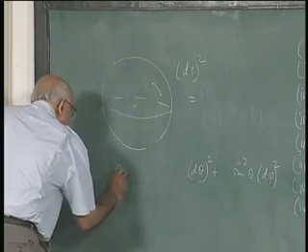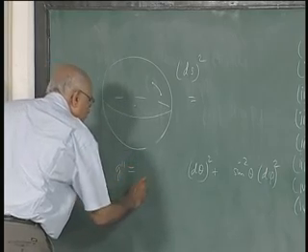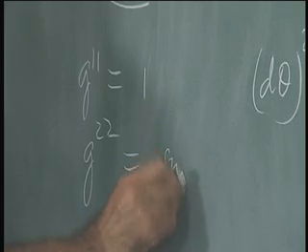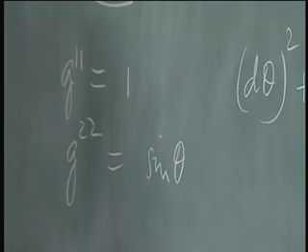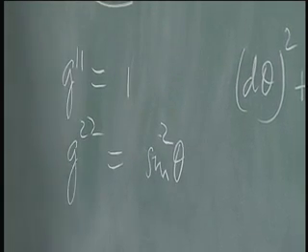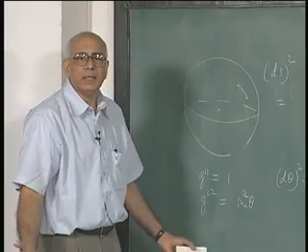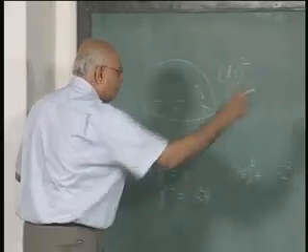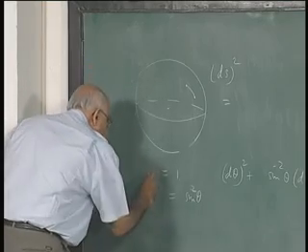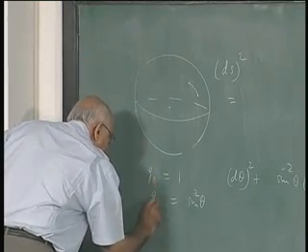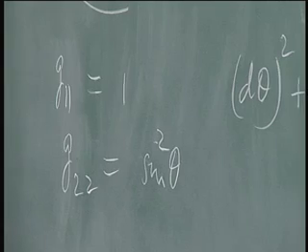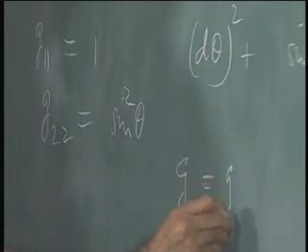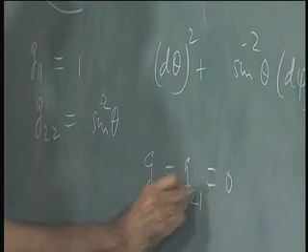I would say G11 is equal to 1, G22 equal to sine squared theta, and I have used the fact that the superscript and subscript are exactly the same thing numerically. And G12 equal to G21 equal to 0.